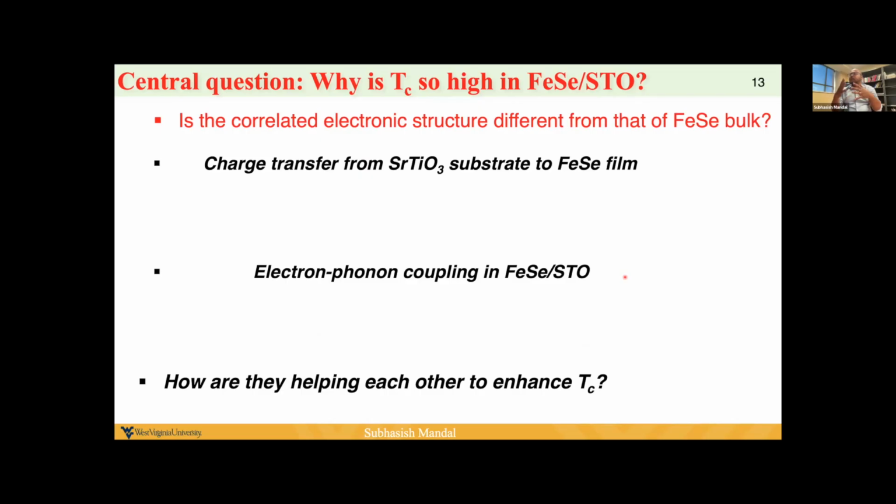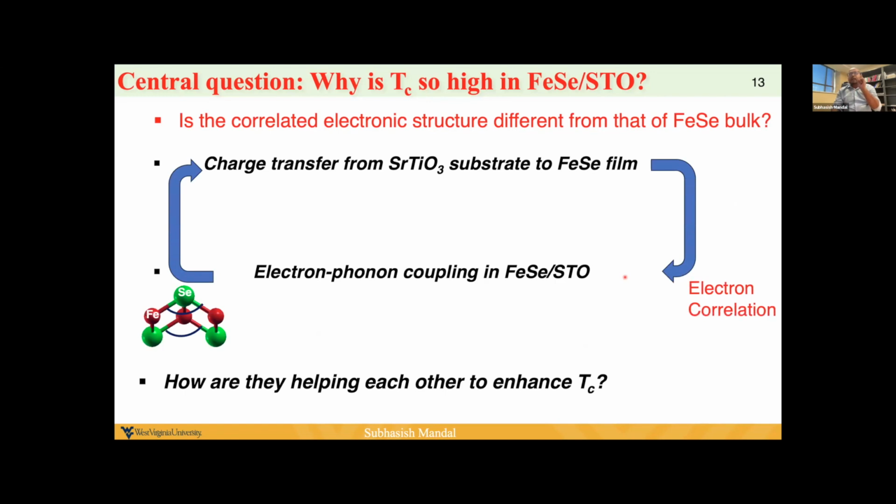Are they helping each other to enhance TC? So the answer is yes. The charge transfer process and electron-phonon coupling are actually helping each other. And I'm going to show today that this was done through the electron correlation, which is controlled by this angle, the pnictogen angle.